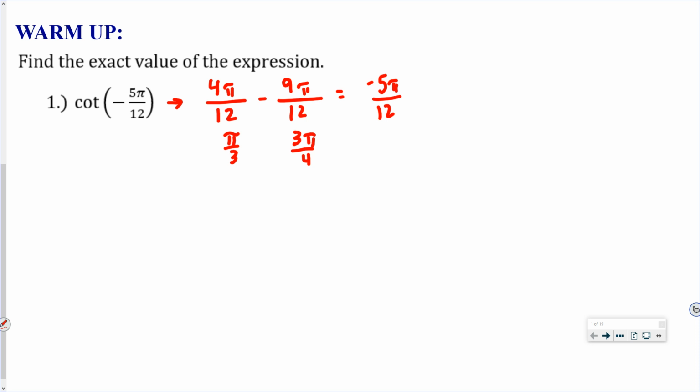I know Ashton did a different one. What was the one you did again? -pi over 6 minus pi over 4. Sorry, -pi over 6 minus pi over 4.